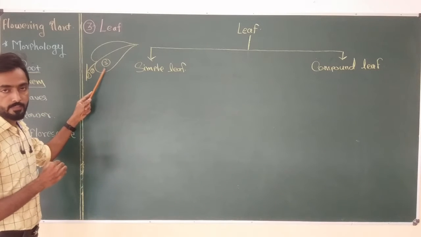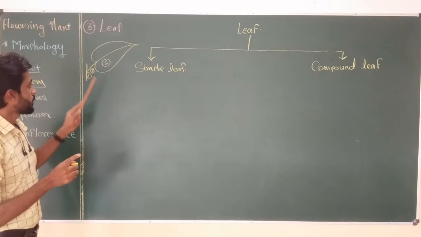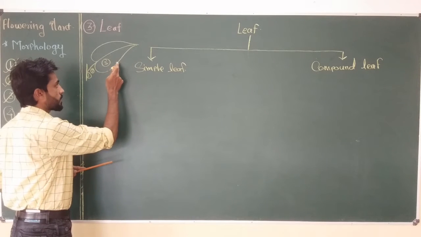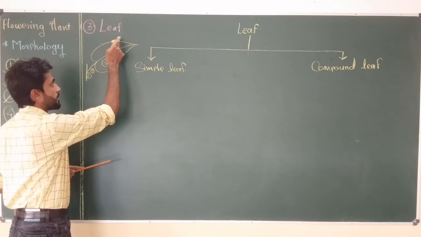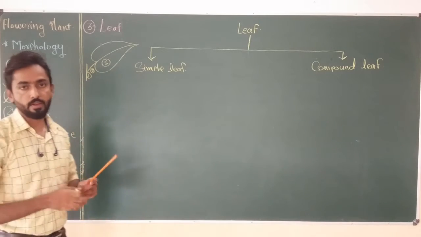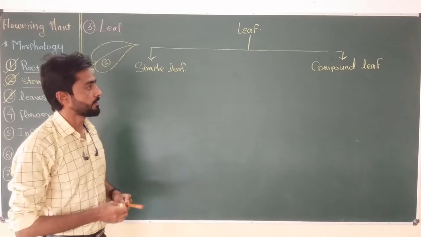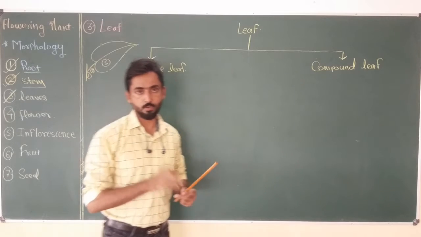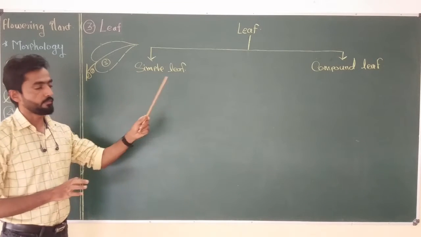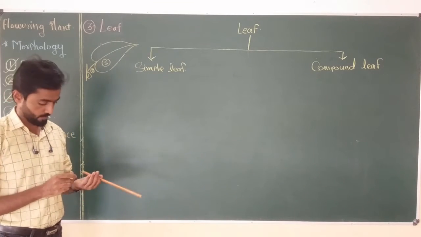This is the site of photosynthesis, and on the basis of the incision or cut present on the lamina, the leaf can be divided into simple leaf and compound leaf. In this lecture, we are going to focus on both simple leaf and compound leaf and their characteristics.